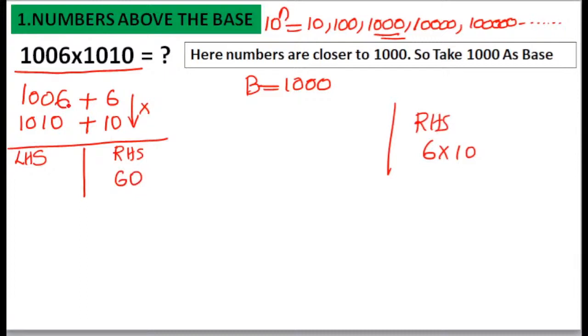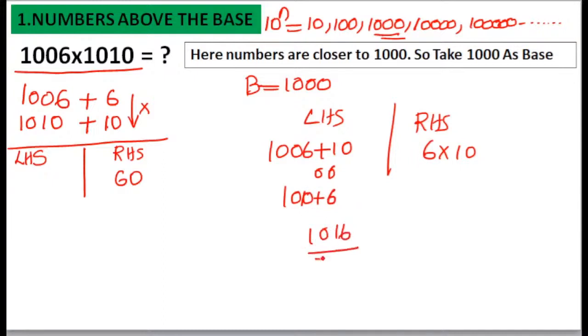And your LHS is 1006 plus 10, or 1010 plus 6. Both are 1016. So 1016 is your LHS.